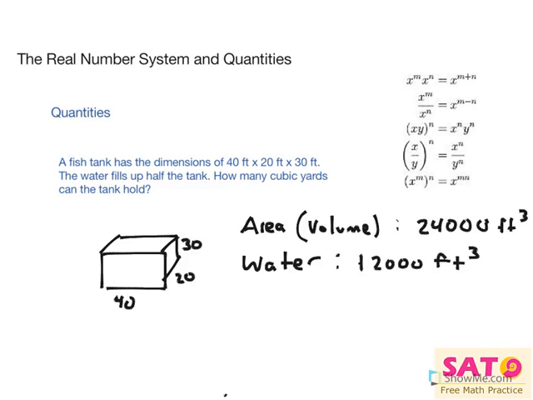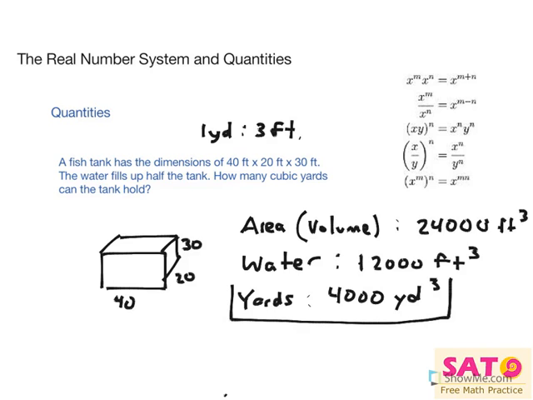So for 1 yard is 3 feet, that means we have to divide this by 3 to find out cubic yards. So 12,000 divided by 3 is 4,000. And don't forget the units, yards cubed. And this would be our final answer.